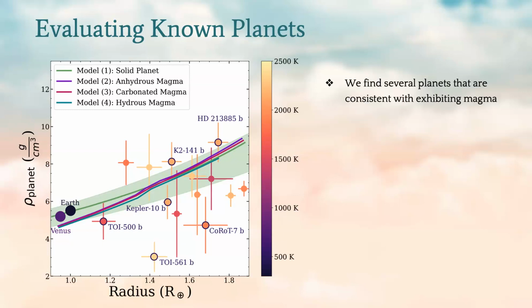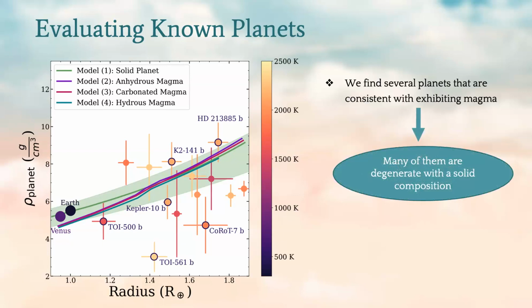And you'll also notice something interesting: these magma ocean planets, lava worlds, are degenerate with essentially the solid composition, because the precision that we would need to tell the difference, we just don't have currently with our instruments.